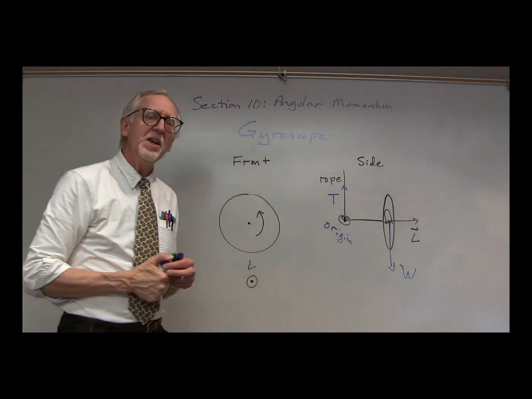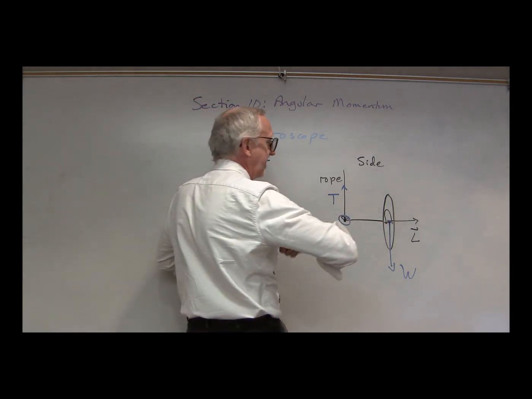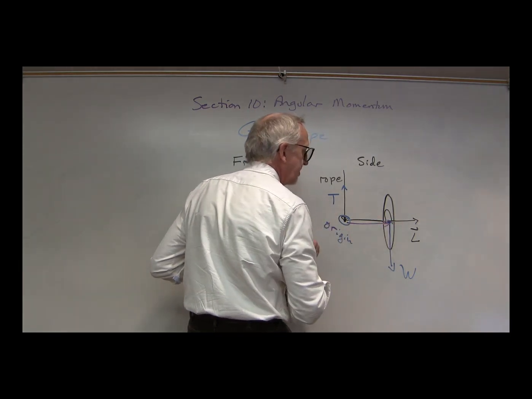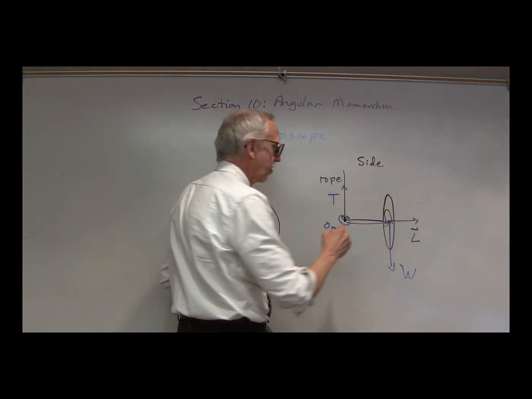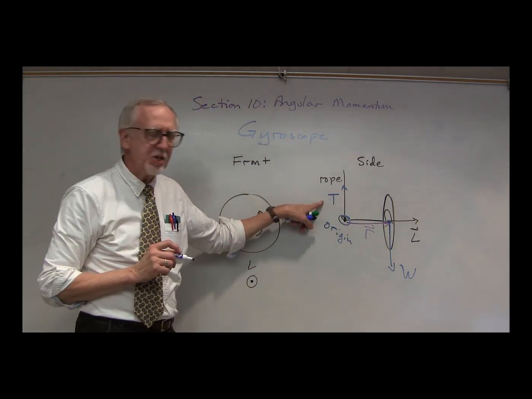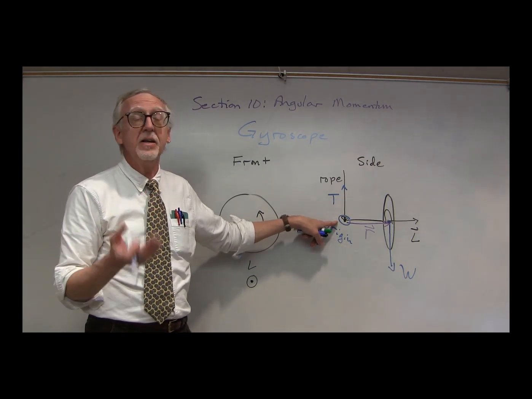Okay, so what is R for the weight? R will be a vector that goes from the origin to the point where the force is applied, which is at the center of the gyroscope. So that's R. What about R for the tension? Well, the tension is acting right at the origin, so R is 0.